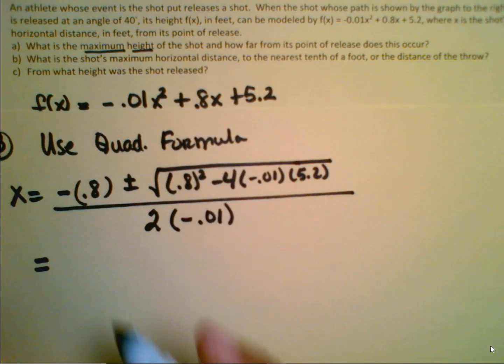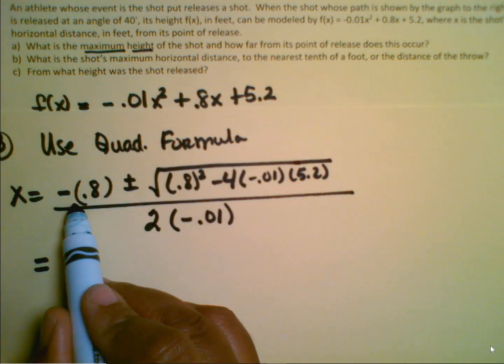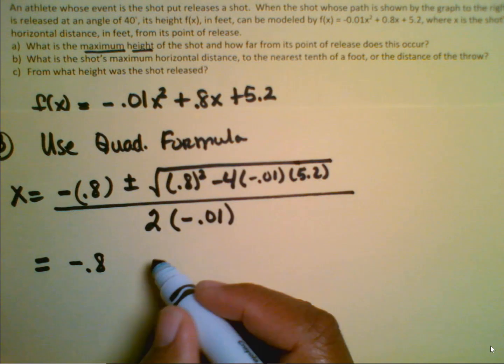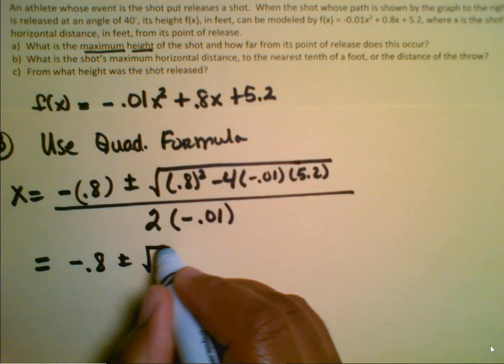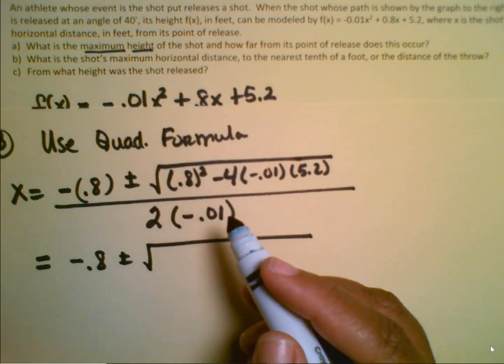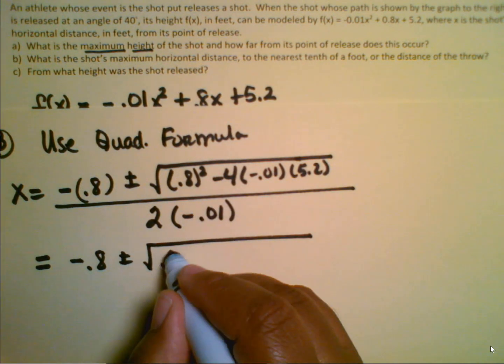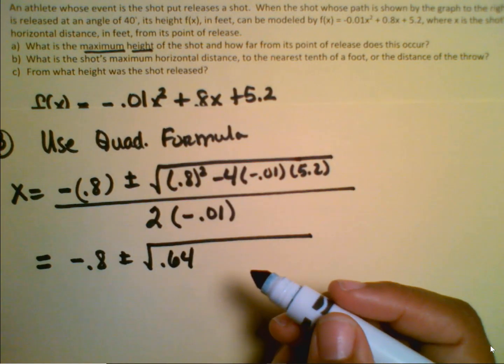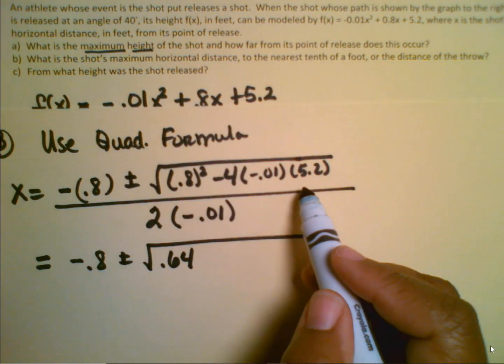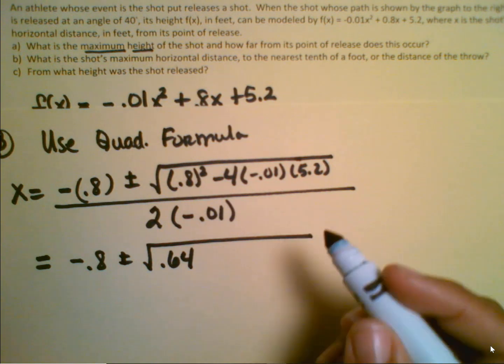Okay, so out before the plus minus, let's multiply negative and 0.8. We have negative 0.8 plus or minus the square root of 0.8 squared, which would give us 0.64. Then we're going to multiply negative 4 to negative 0.01 to 5.2.